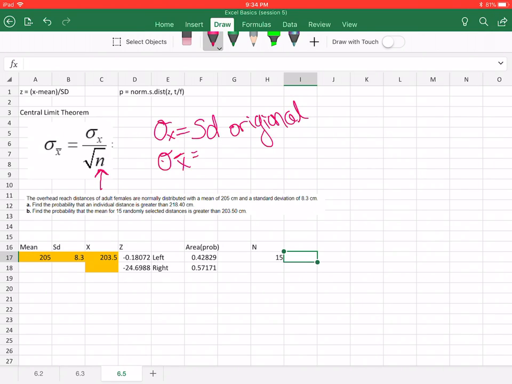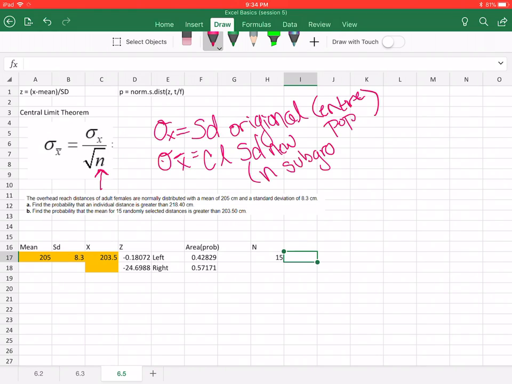And then your standard deviation, when you have the x bar, that's the new one. So that's the central limit, and I abbreviated that CL, central limit. And that is basically the new standard deviation for 15. So rather than the entire population, this one is going to be the standard deviation new. And this is just for your n subgroup.